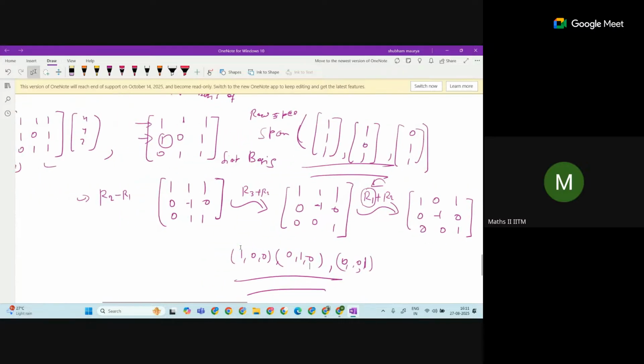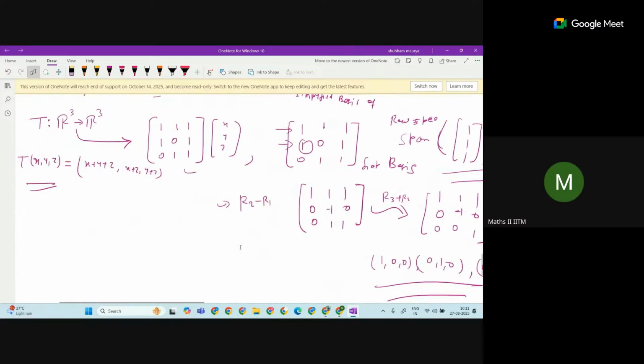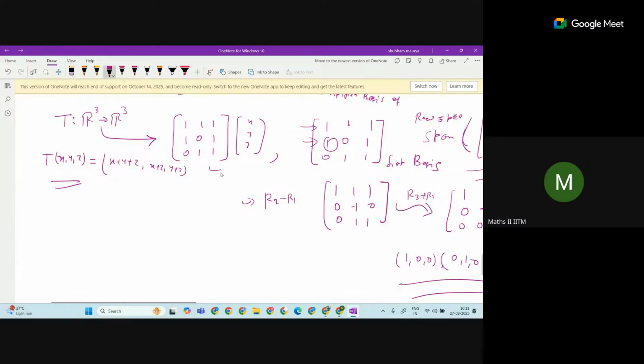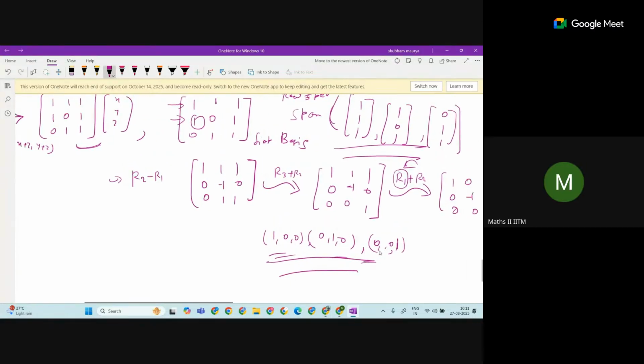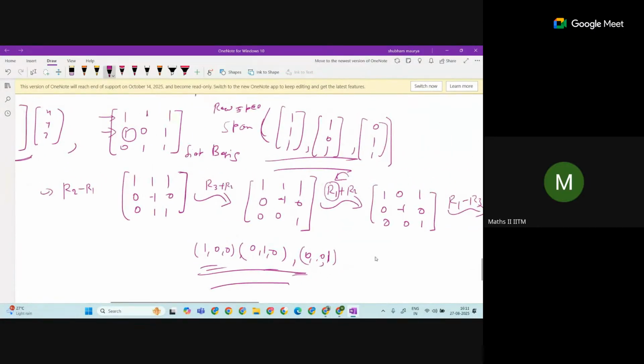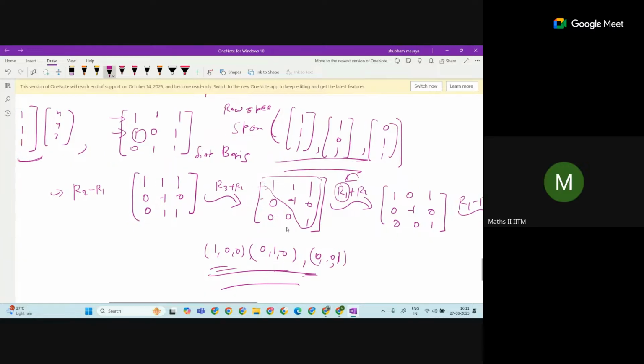By this way, if somebody asks what is the rank of this matrix, I am getting 3 elements in the basis of the row space. The rank of the matrix can also be told after getting the upper triangular form: here 3 rows are non-zero, so the rank of the matrix is 3.